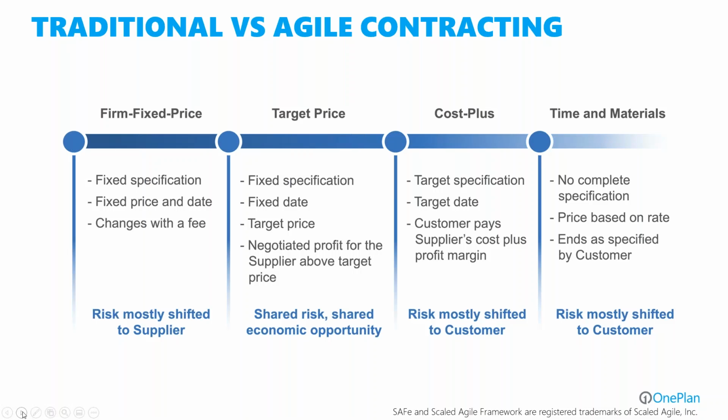On the other end, you've got pure time and materials type contracts where risk is mostly shifted to the customer. Agile contracting means finding that space in the middle where there's shared risk and shared benefit. And so our contracting and finance processes need to adjust as well.